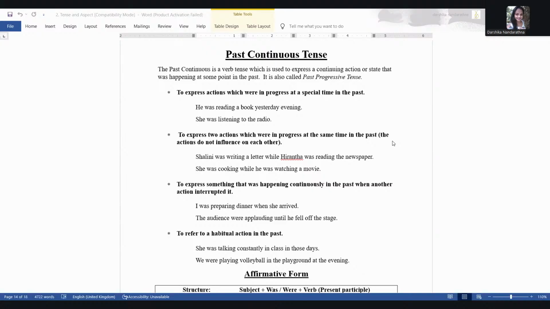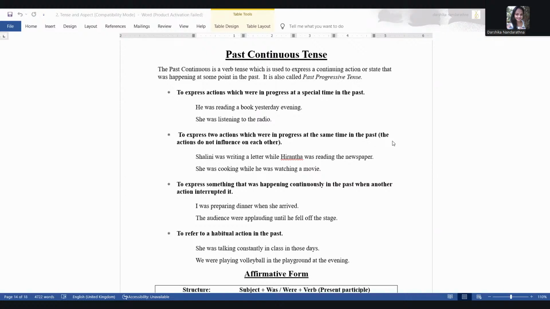So, like that, we can use past continuous tense to express actions which were in progress at a special time in the past. Okay? And also to express two actions which were in progress at the same time in the past. The actions do not influence each other.